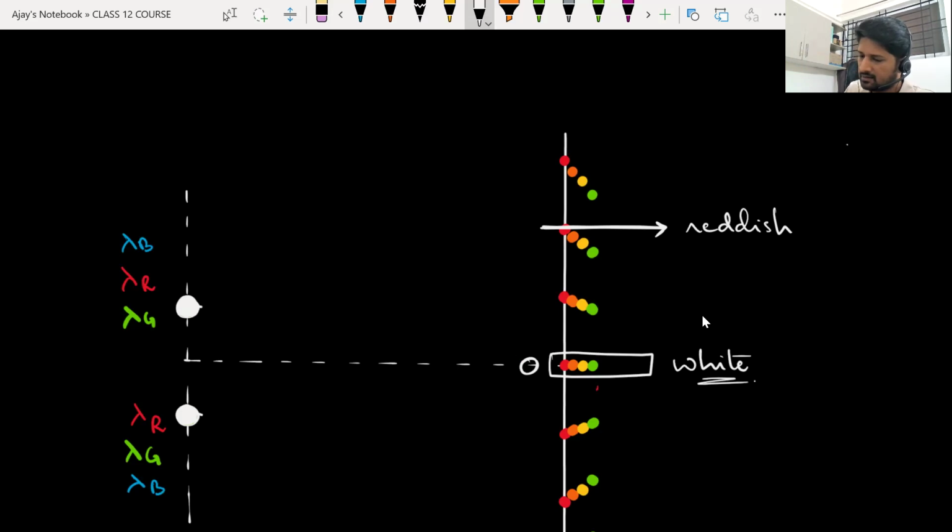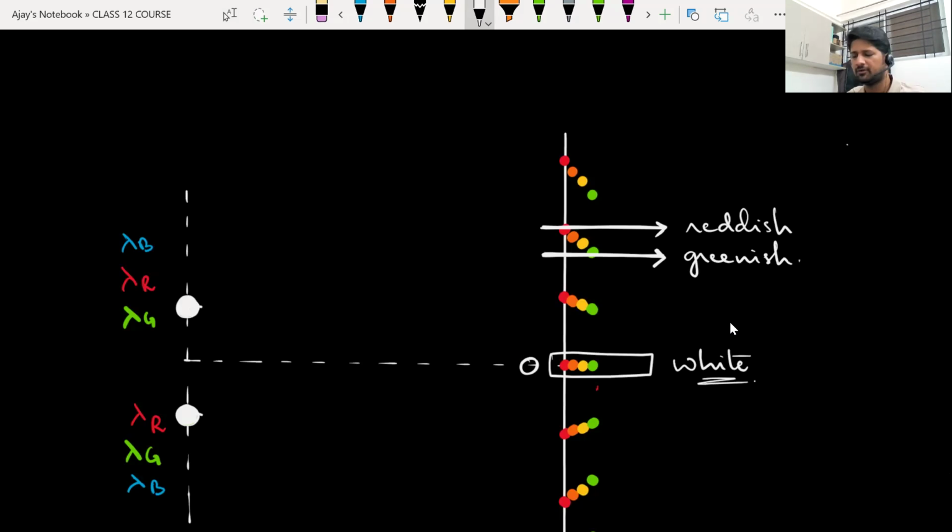Yes, sir. At this point on the screen, which color will dominate? Which color's maximum is forming at this level? Green's maximum. We have placed a green dot, which means that distance corresponds to the maximum of green. So you will see a greenish hue there.